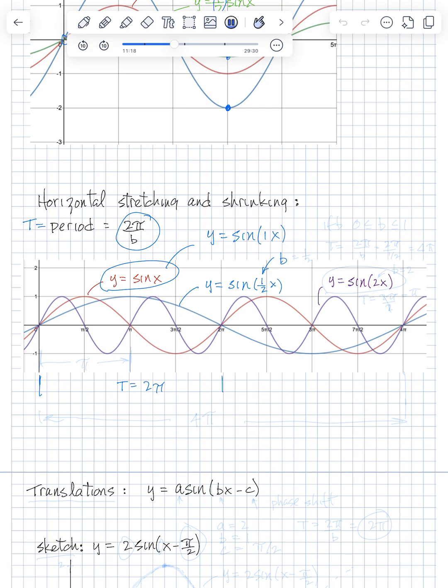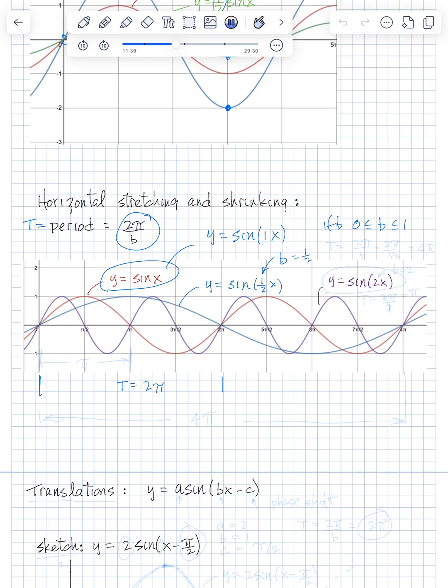Now notice that if b is between 0 and 1, then we have a horizontal stretching going on. So here b is equal to 1/2.